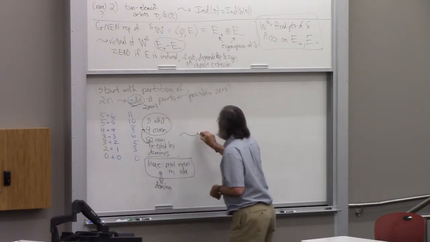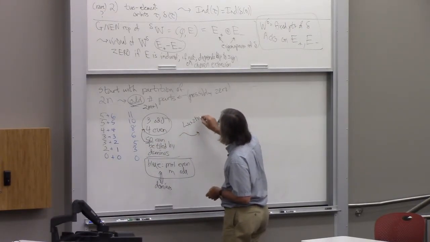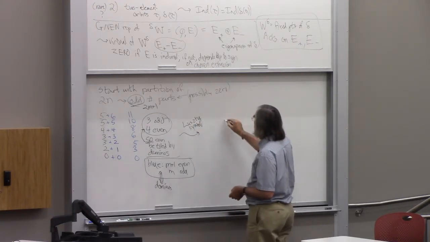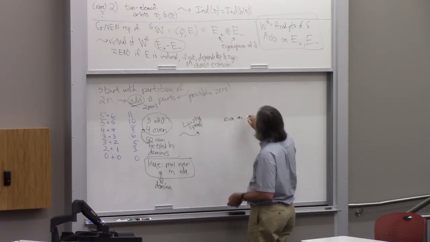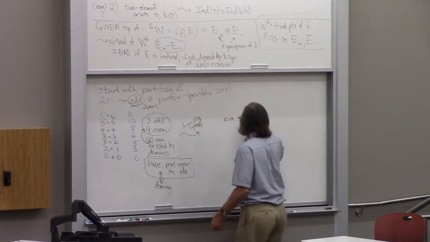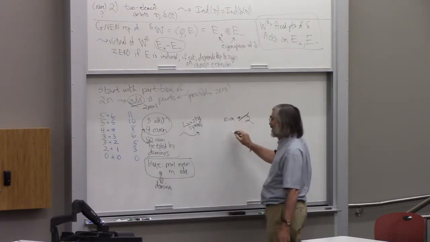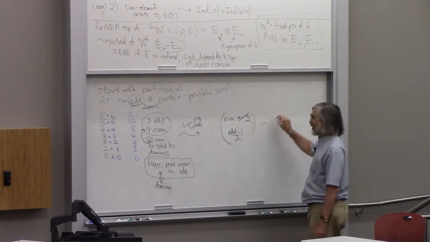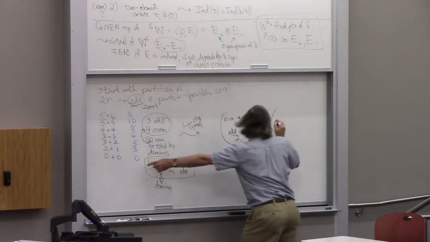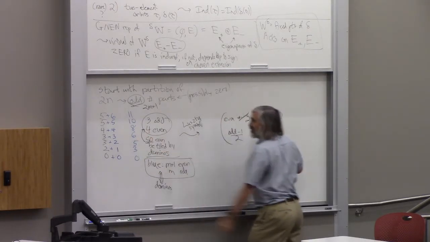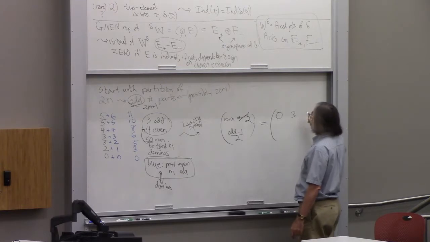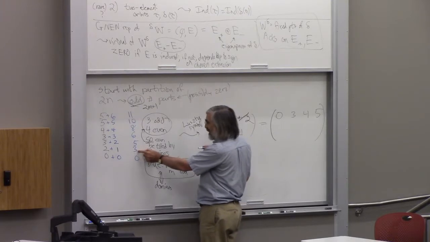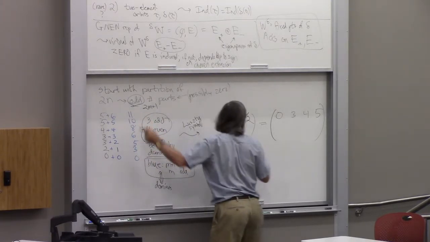And now you make a Lusztig symbol in which you put the even numbers divided by 2 in the first row, and in the second row, you put the odd numbers minus 1 divided by 2. So in our case, we have 0, 3, 4, and 5, and for the odd numbers, 1, 2, and 5.